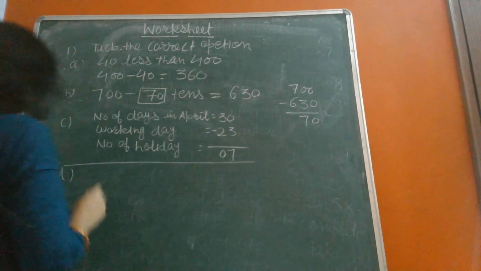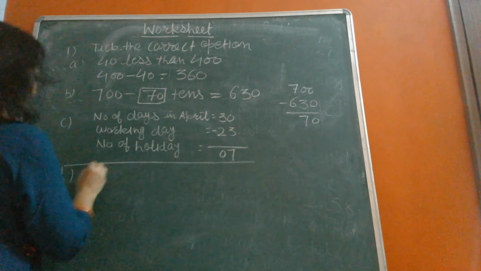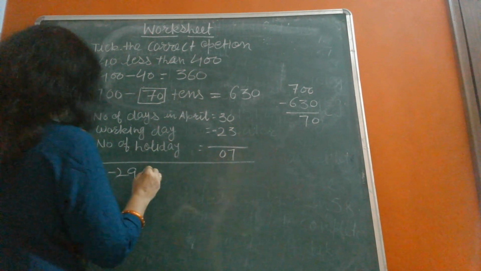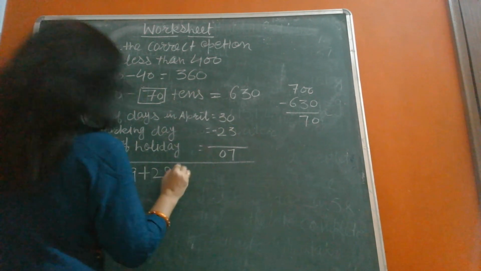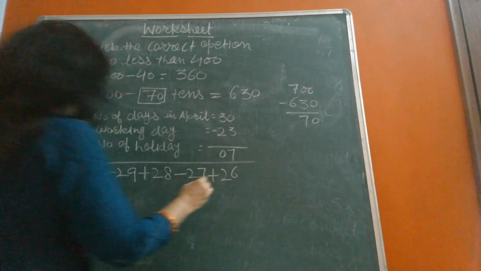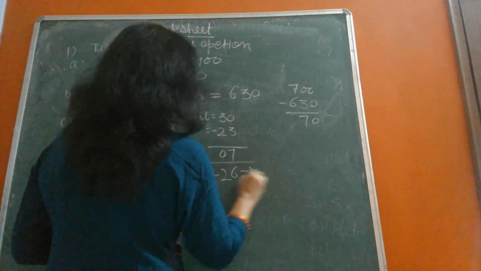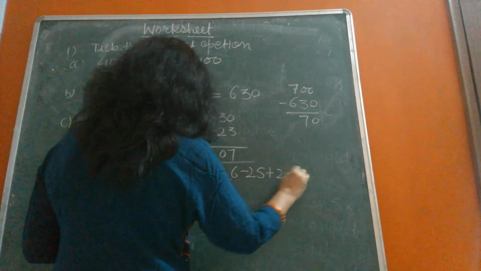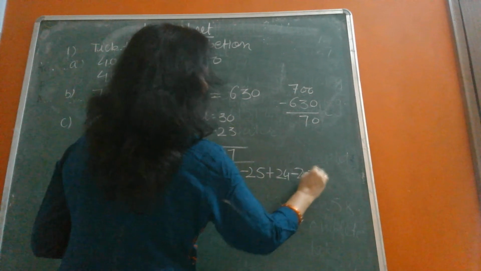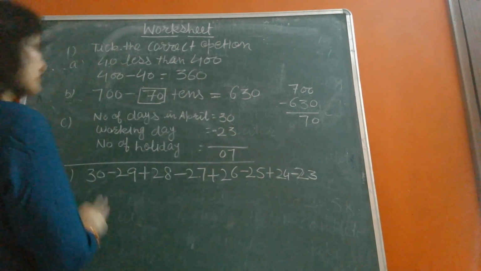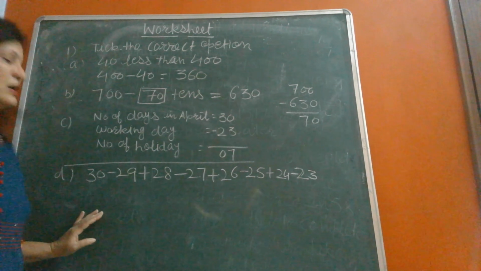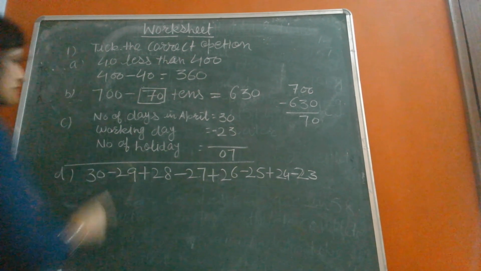Now part D. 30 minus 29 plus 28 minus 27 plus 26 minus 25 plus 24 minus 23. In this question we will apply the DMAS formula.